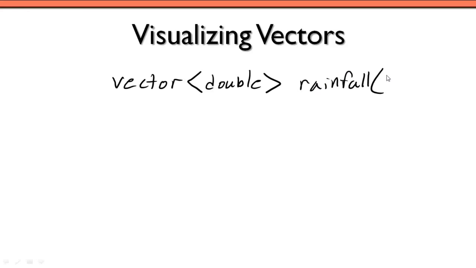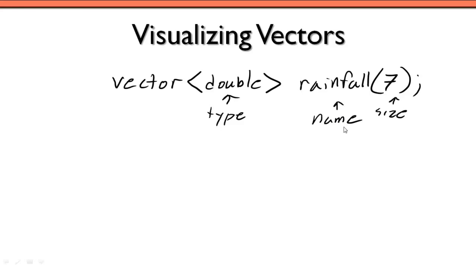And we'll specify the size here inside of parentheses, and since we want to represent the rainfall for a 1 week period of time, we'll use the value of 7. So this statement here actually creates a vector of type double that's called rainfall, so we can refer to this vector by this name, and it's of size 7. Okay, so here we have the size, and here we have the type, and here we have the name.